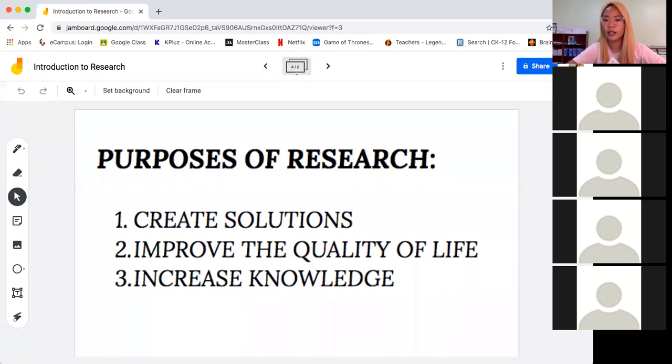Okay? And of course, another purpose of research is to improve the quality of life. Ito yung majority ng sagot na nabasa ko kahapon. The improvement of the quality of life. So sabi nila, important daw ang research kasi it allows us to have certain conveniences such as yung cellphones na ginagamit ninyo. So sabi nila, it's very easy daw at this time to communicate with other people.